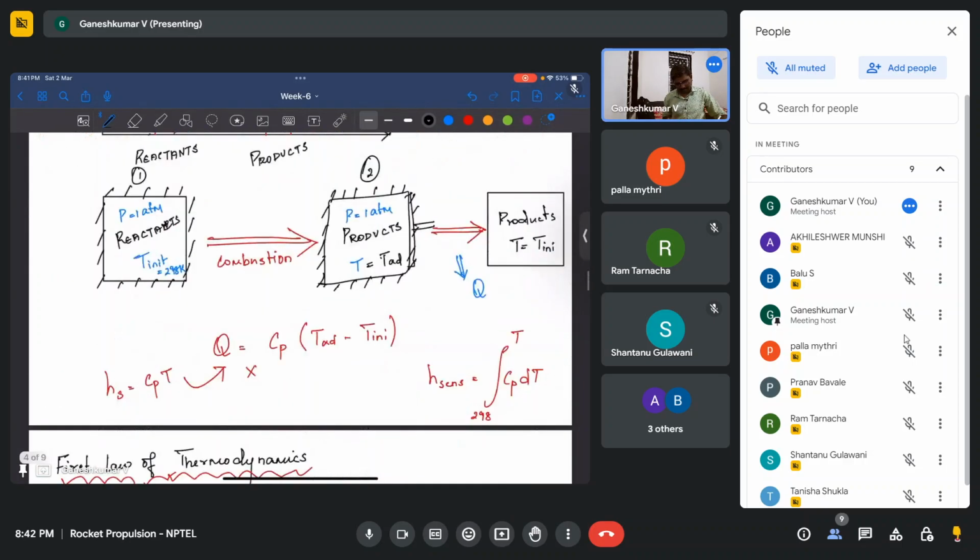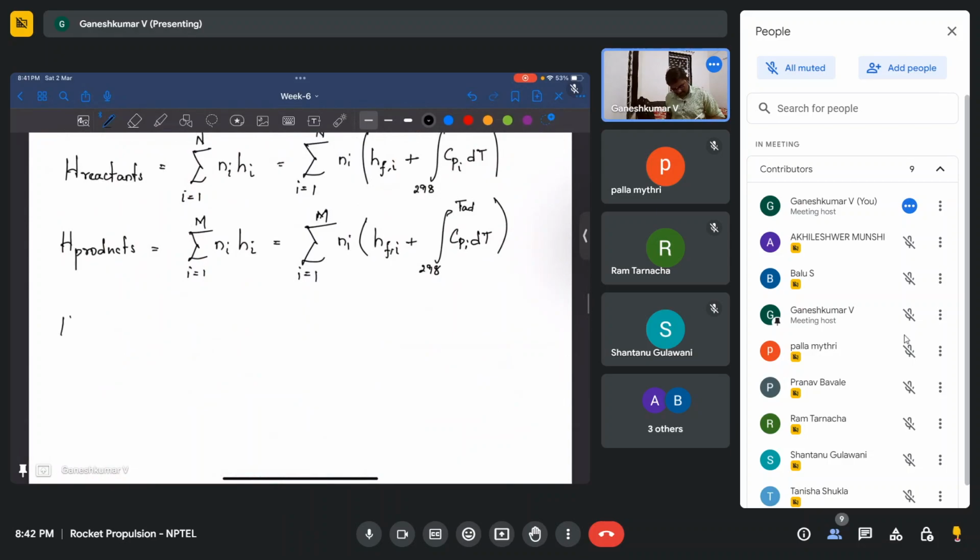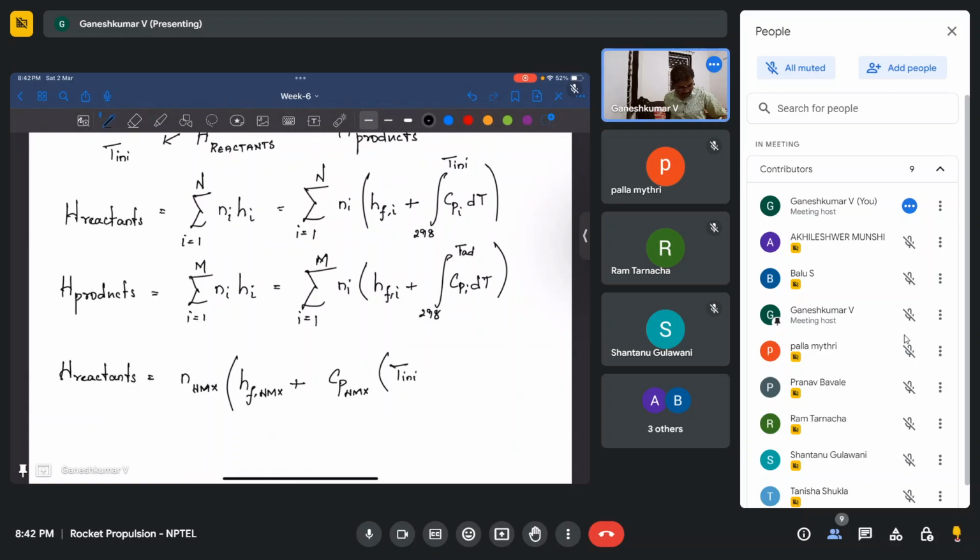So first we need to find the enthalpy of reactants, which is nothing but the number of moles of HMX into the formation enthalpy of HMX plus Cp of HMX from T initial minus 298.